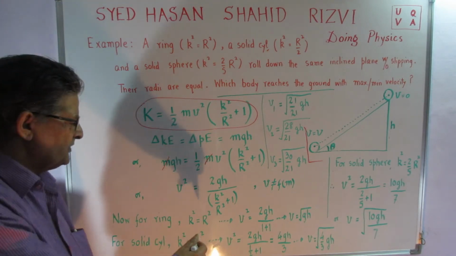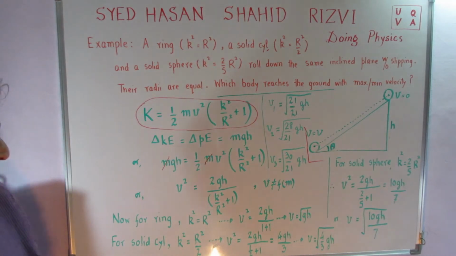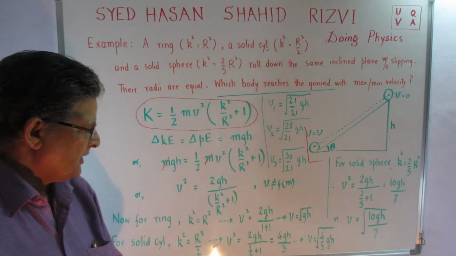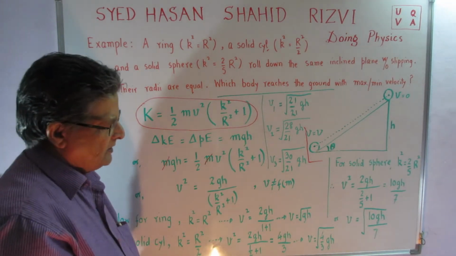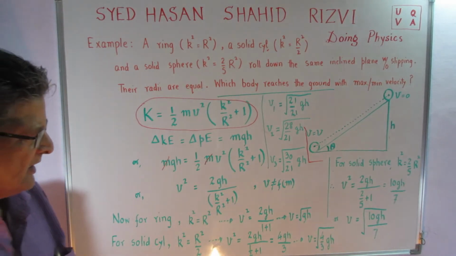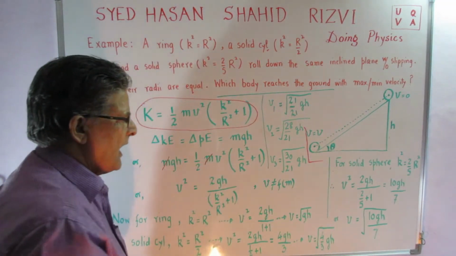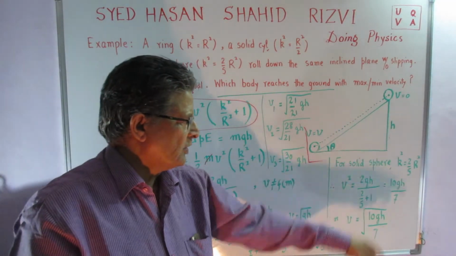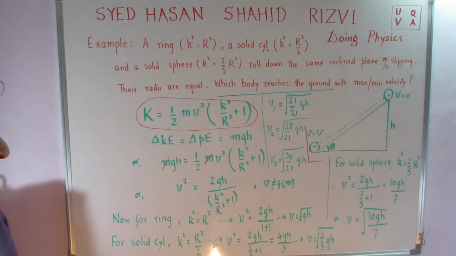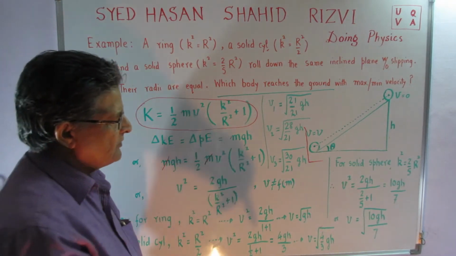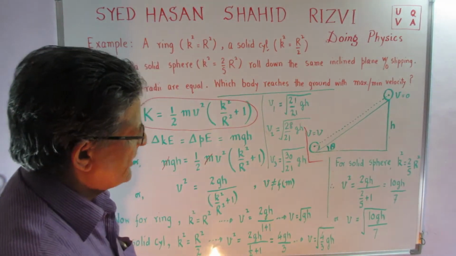If I substitute, I get v square is equal to 2gh divided by half plus 1, so it becomes 4gh divided by 3, and therefore the velocity when the cylinder reaches the ground level is equal to under root of 4 by 3 gh. And similarly for the solid sphere, k square is equal to 2 by 5 r square, so v square becomes equal to 2gh divided by 2 by 5 plus 1, which is 7 by 5, so 10gh upon 7.